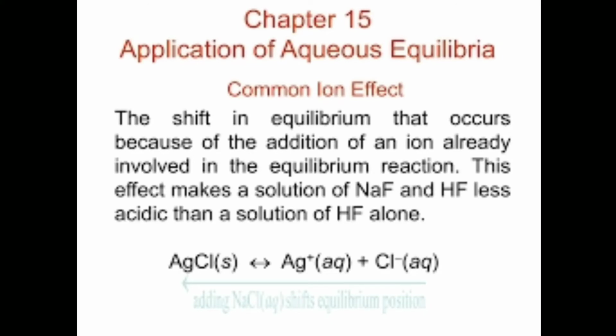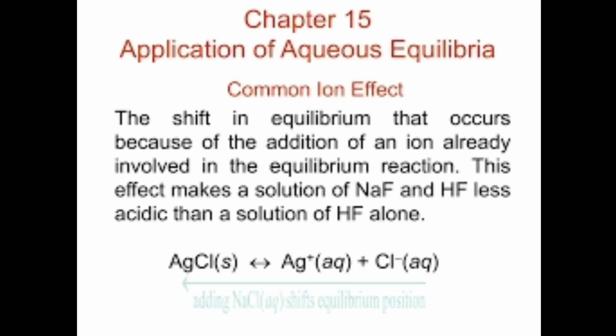According to Le Chatelier's principle, the addition of Ag⁺ ions from AgNO3 to the solution of AgCl shifts the solubility equilibrium of AgCl from right to left. The reverse reaction, in which AgCl precipitates, is favored until the solubility equilibrium is re-established.